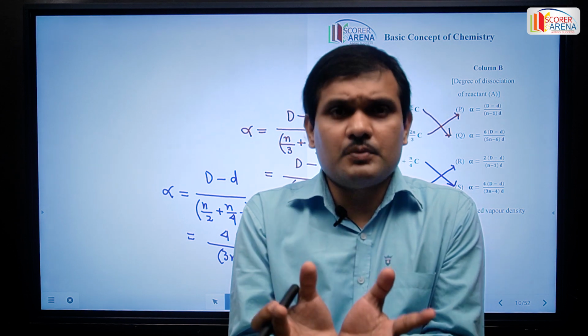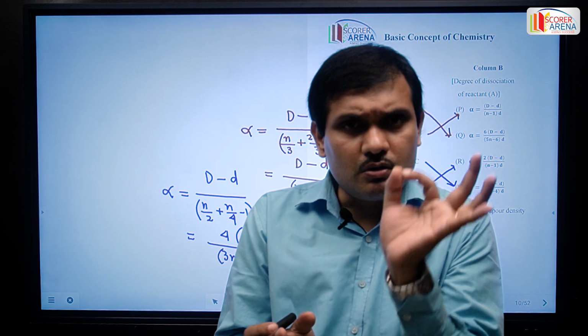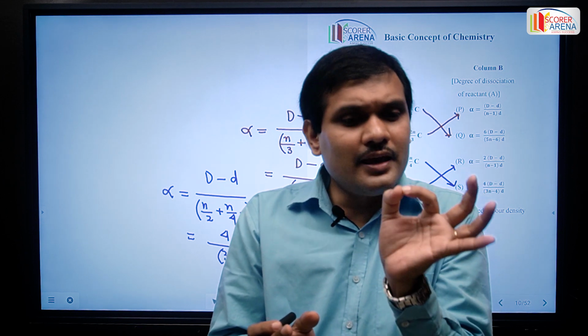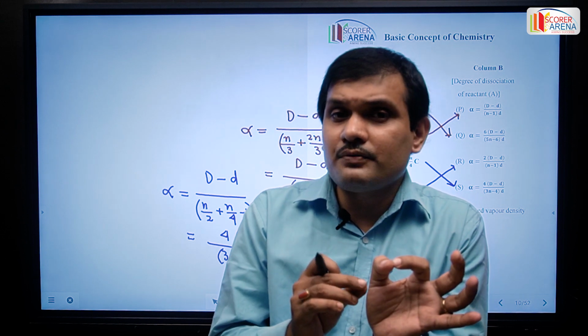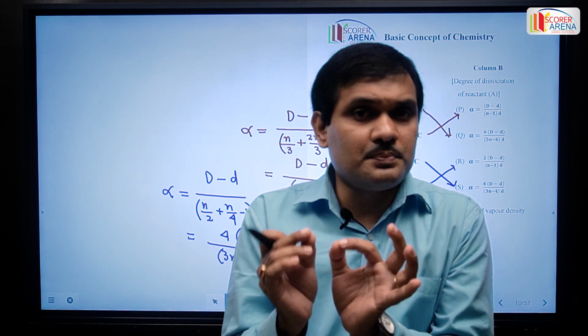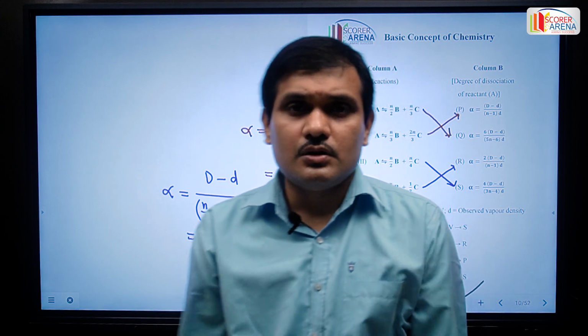If you memorize this formula and consider the idea that N represents how many fragments are produced if we take 1 mole, then it will be easy to solve this problem.